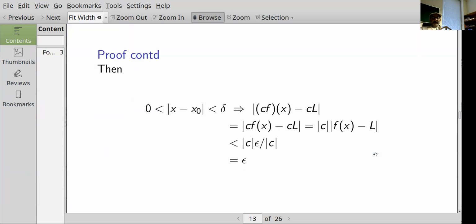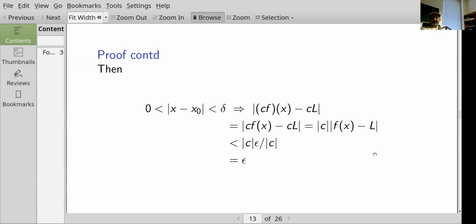Okay? Then x not equal to x naught, and within delta of x naught, implies that now I'm interested in the difference between c f of x and c L. The absolute value of that difference is equal to the absolute value of c times f of x minus L, by the definition of multiplying a function by a scalar. Now I can take out the absolute value of c from the absolute value signs, right?